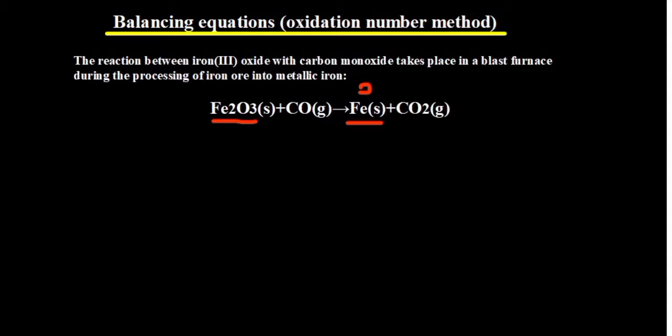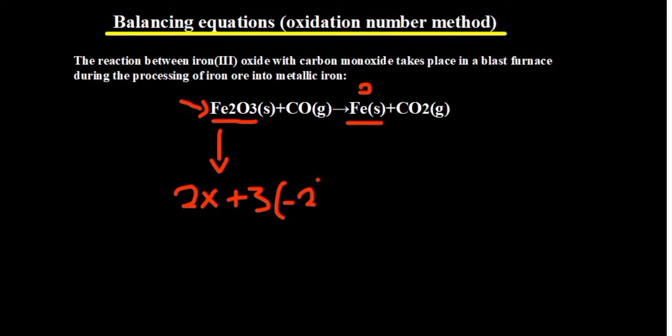Let's now determine the oxidation number of iron in that compound. We have 2 iron atoms there, so say 2x, plus we have 3 oxygen atoms, and each oxygen atom is -2.